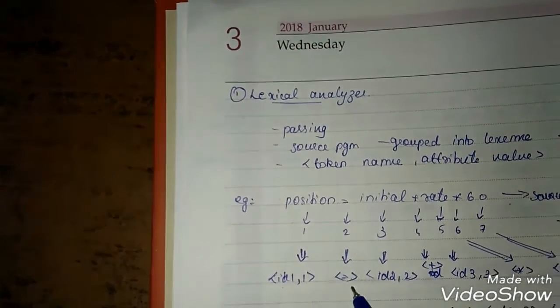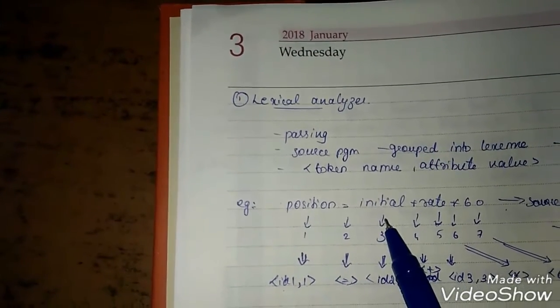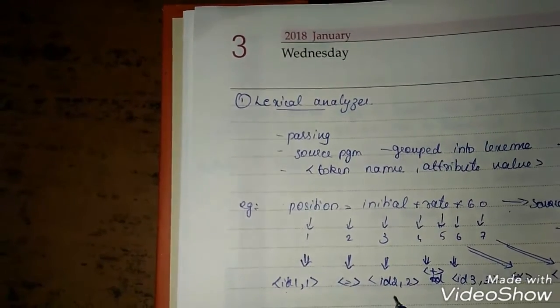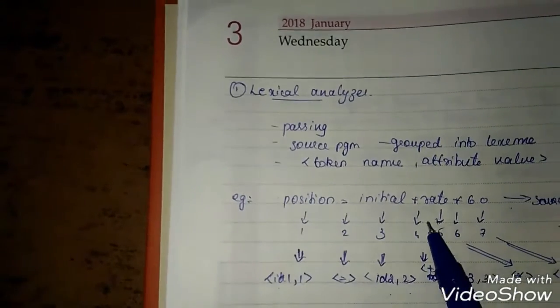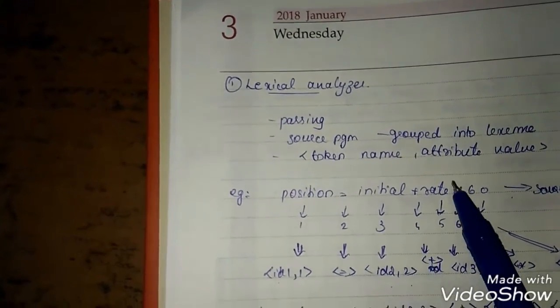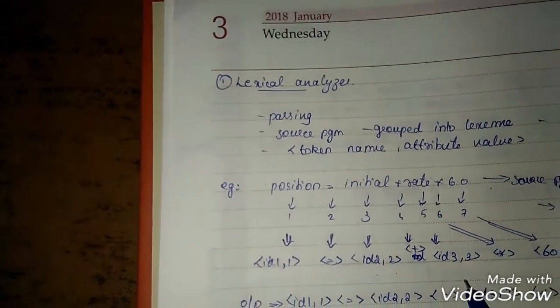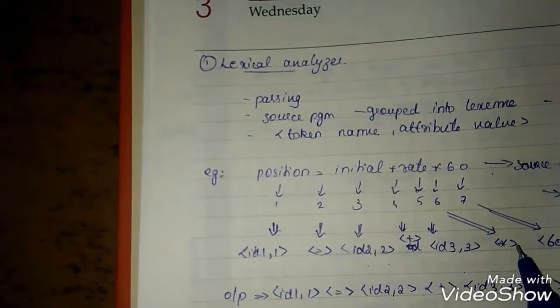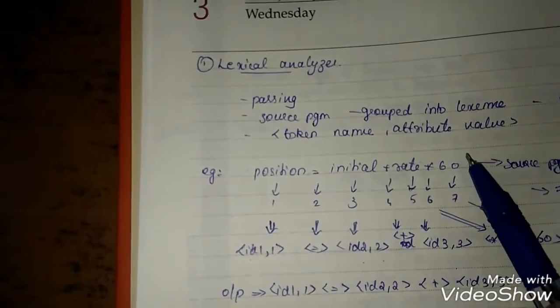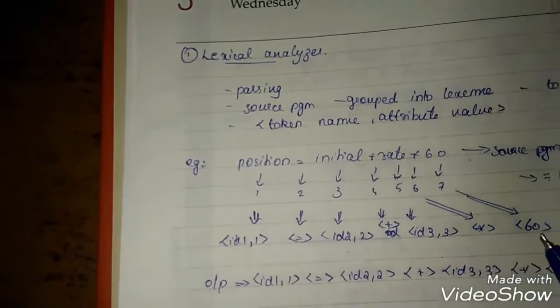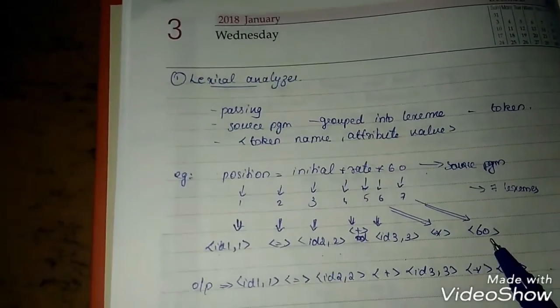Now initial is another identifier, so id 2, 2, and the plus is taken as such, and rate is id 3, 3. The star operator is taken as such, and 60, which is a constant integer value, is also taken as such with only the token name.